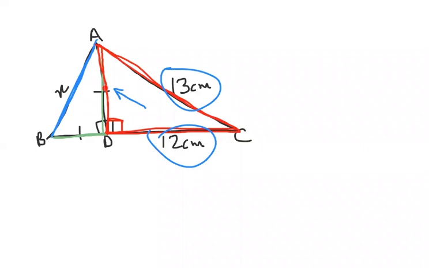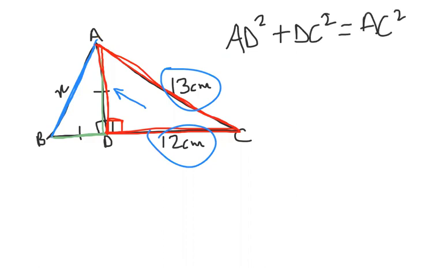And now it's just Pythagoras. Because now, just look, that's AD. So I'm going to write AD squared plus, I'm just going to write everything out first, plus DC squared equals AC squared.